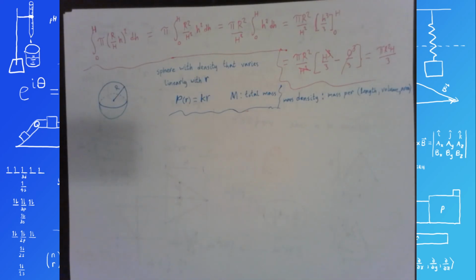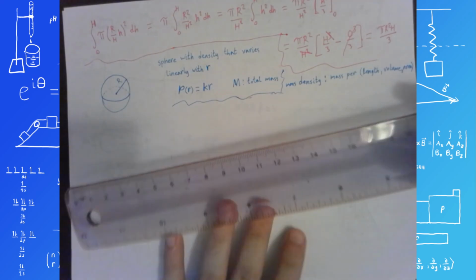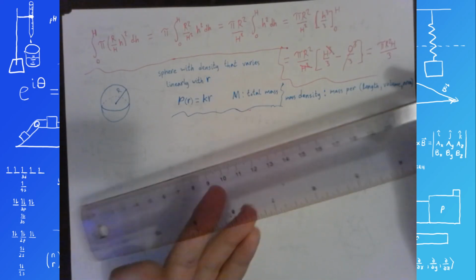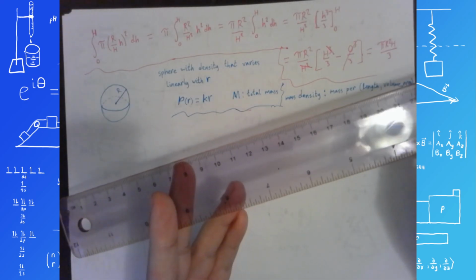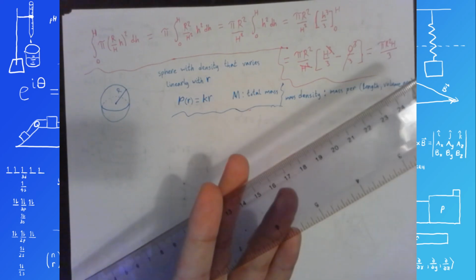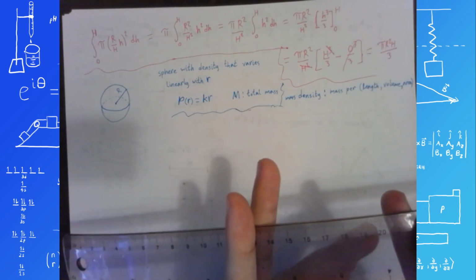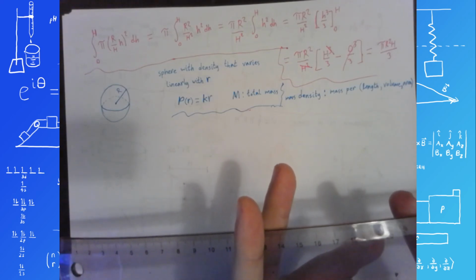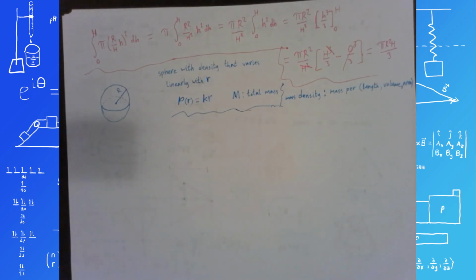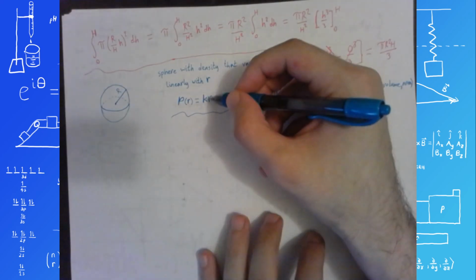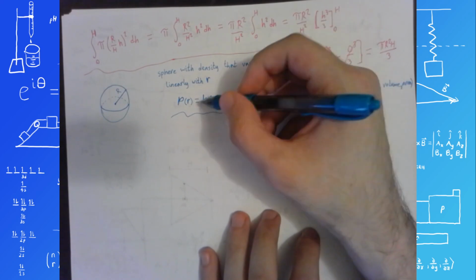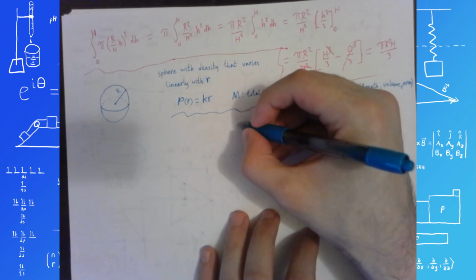If I cut off a random piece of this ruler and I wanted to figure out how much it weighed without weighing it on a scale, I could just measure its length, and if I knew ahead of time how much mass existed per length, I would take that mass per length multiplied by the length to get the mass. In this case, we have a density in terms of mass per volume, so I want to multiply it by volume.